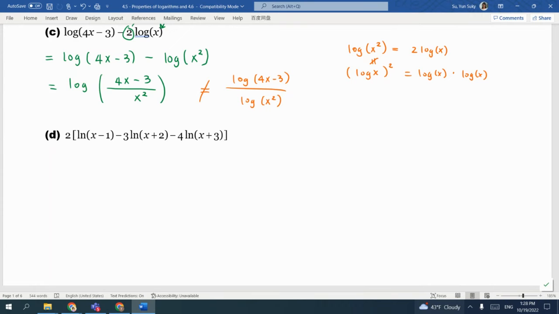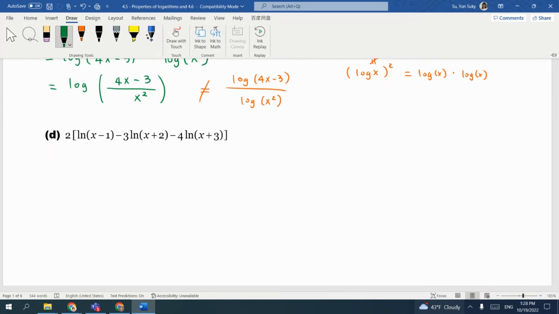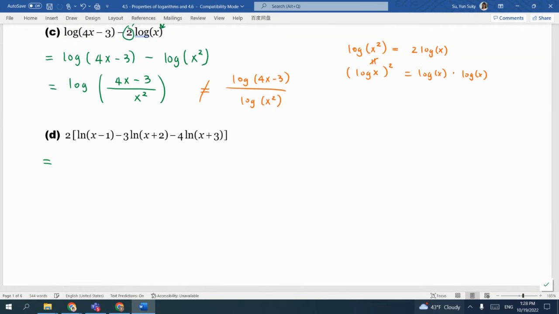Okay, keep going. Now, part D, what do we do? Okay, so we want to combine them. Oh, it's 2 times this. Okay, so we can do the operation from the inside to the outside.